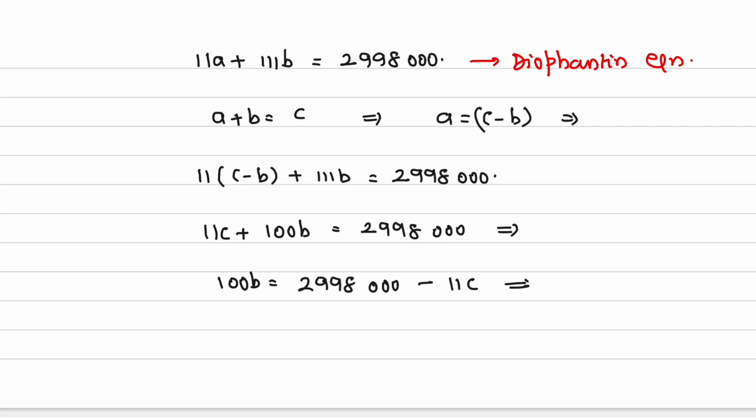Because this value should be an integer, because we wanted b as an integer. This implies it should be divisible by 100.